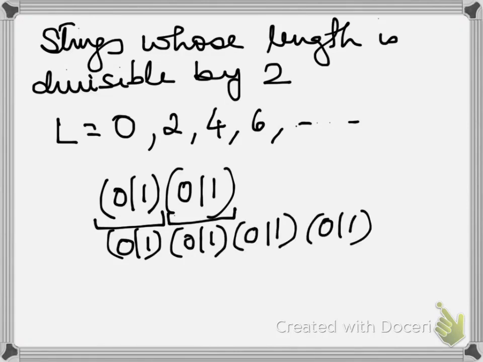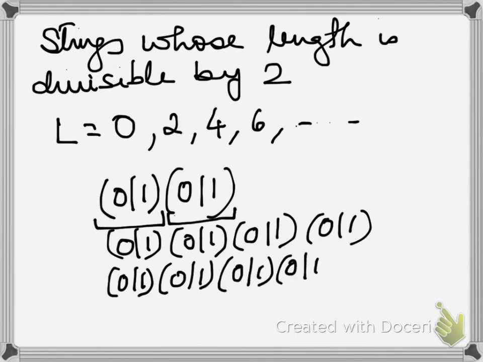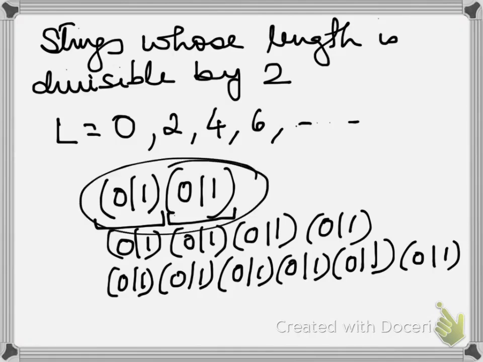For length 6, again just repeat this. You can try to find a pattern out here. You can see that this set of 2 is being repeated here 2 times.